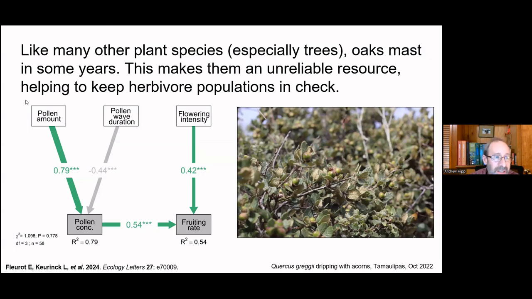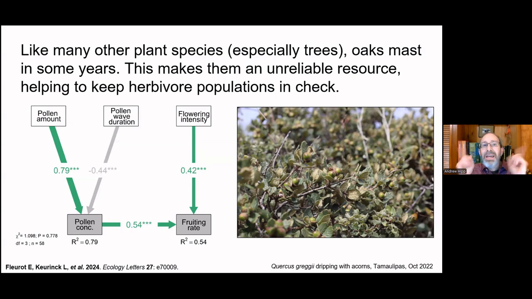So what causes this? It turns out there's a few things governing masting. Sometimes it's the amount of pollen. Sometimes it's the synchrony of flowering. And sometimes it's how much flowering intensity there is. And this depends on which species you're looking at, and sometimes even which population you're looking at within a given species.